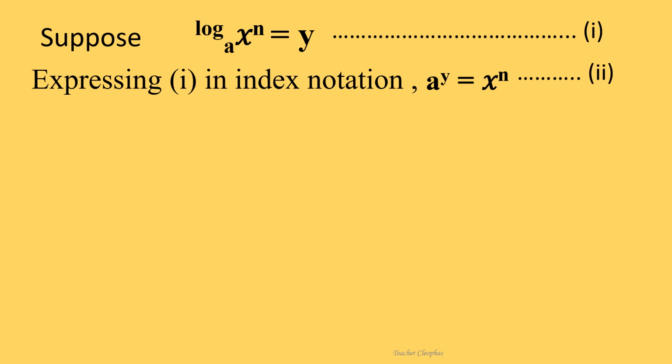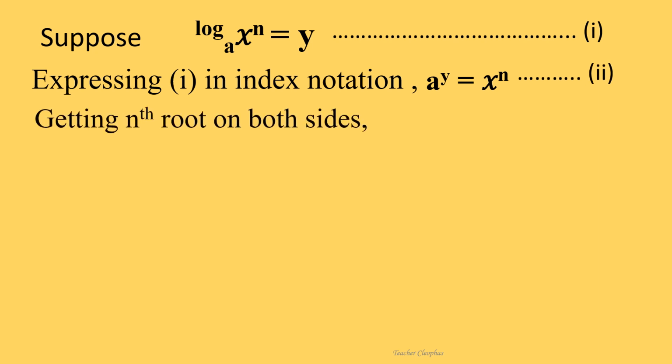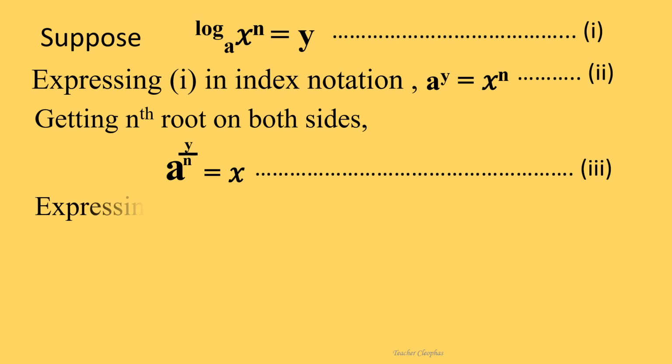That is our second equation. Getting the nth root on both sides of equation 2, we would have a raised to y over n equals x. This is our third equation.